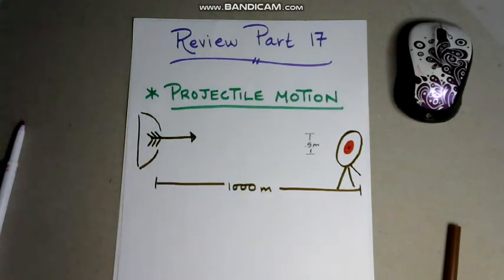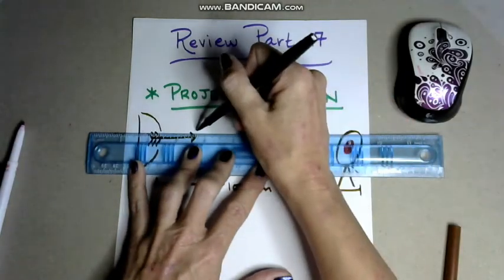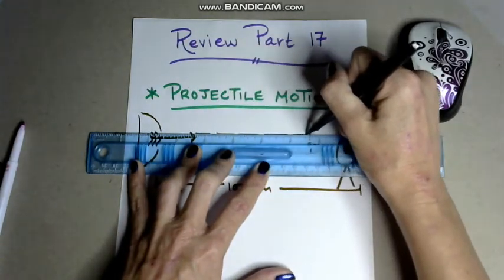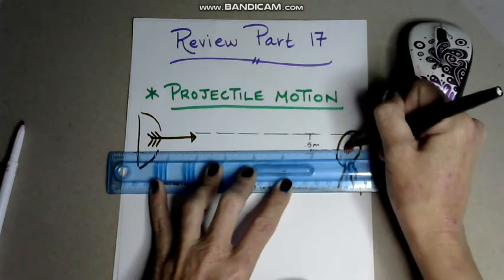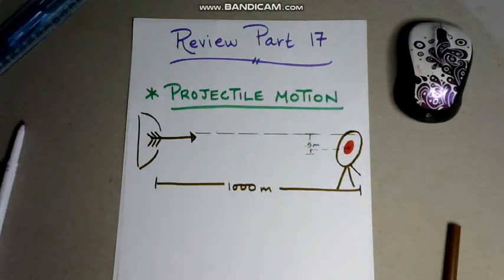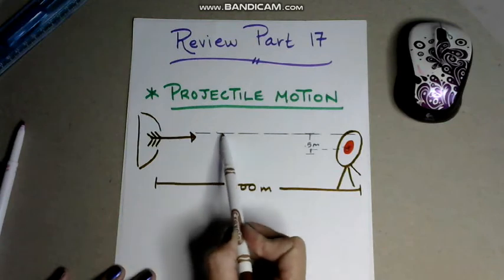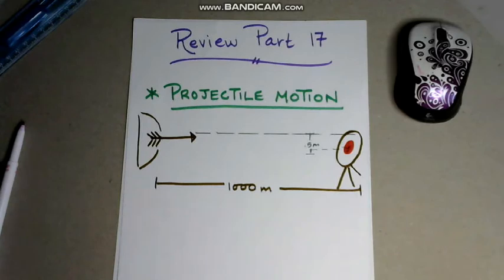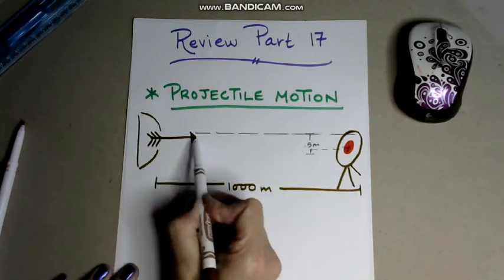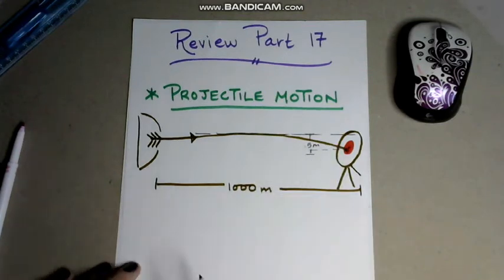In other words, when I shoot the arrow is actually right there, but the bullseye is right there. When that arrow takes the trajectory across, it's going to go into the bullseye of the target. So it takes this kind of trajectory right there, like that.